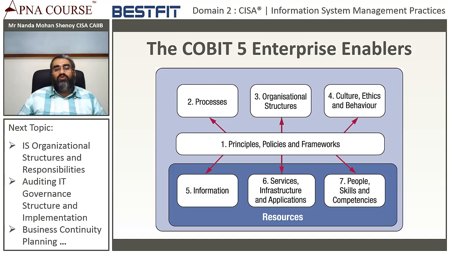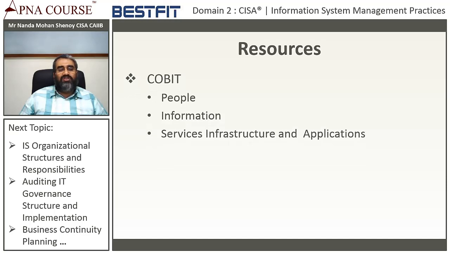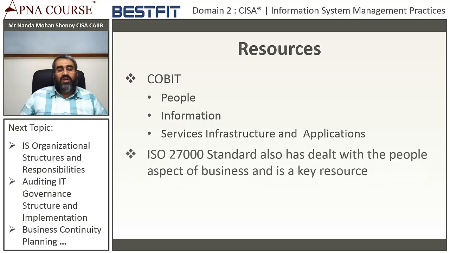So when we talk about resources, what is it that we talk about? As I said earlier also, 5 plus 6 plus 7 put together is called resources. So in the context of this chapter, COBIT resources are people, information and service infrastructure and applications.